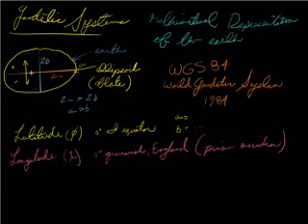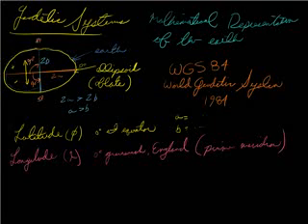If you go from the equator angularly to the North Pole, this angle here, it goes up to 90 degrees. So this is going to be the North Pole, and this would be the South Pole. Same thing if you're defining it south of the equator, it goes to negative 90 degrees.